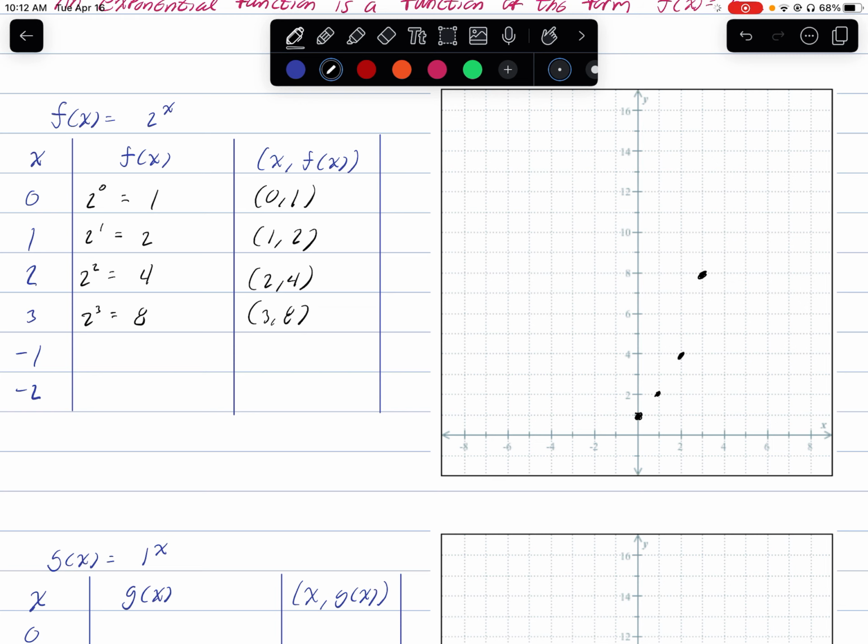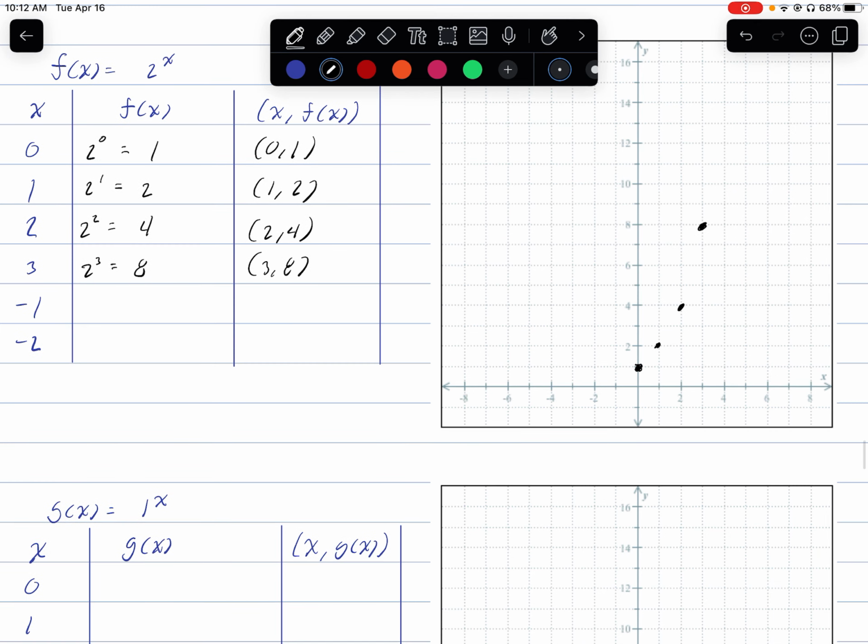What we can see is that this is growing quite quickly. What happens if we go in the other direction, maybe 2 to the negative 1? For x equals negative 1, we'll have 1 half. Remember, if you take something to a negative power, and it's a fraction, you flip the fraction. But if it's a whole number, you just do 1 over that number.